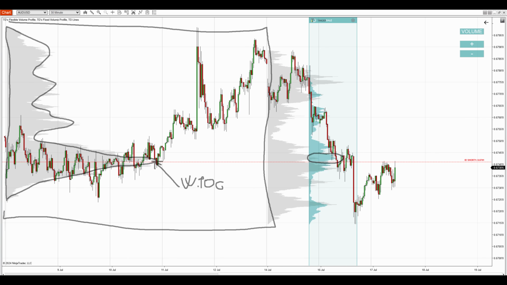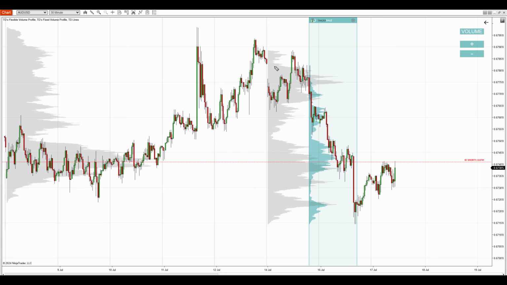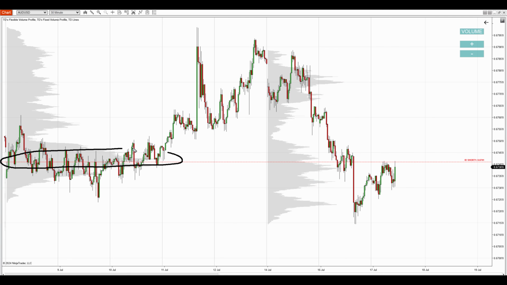Now, when the price tested the point of control at first, let me delete this. The first test of the point of control was in here, and the price didn't really respect it and went past it. But that doesn't mean that the weekly point of control is not a strong zone.